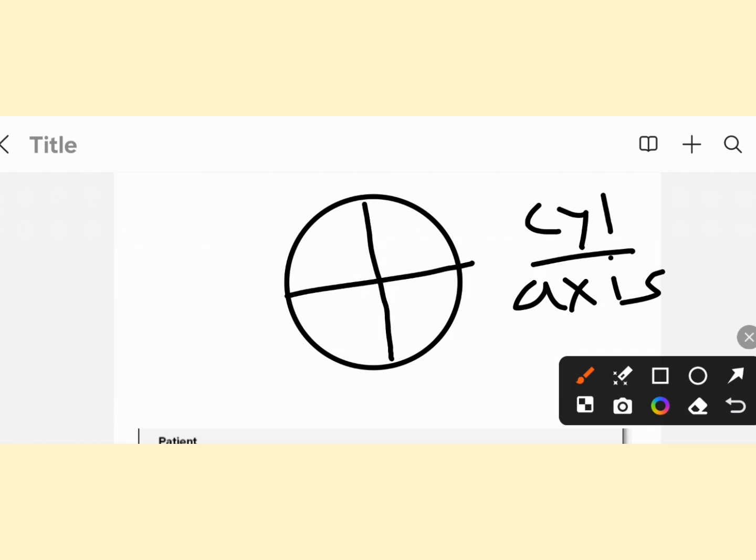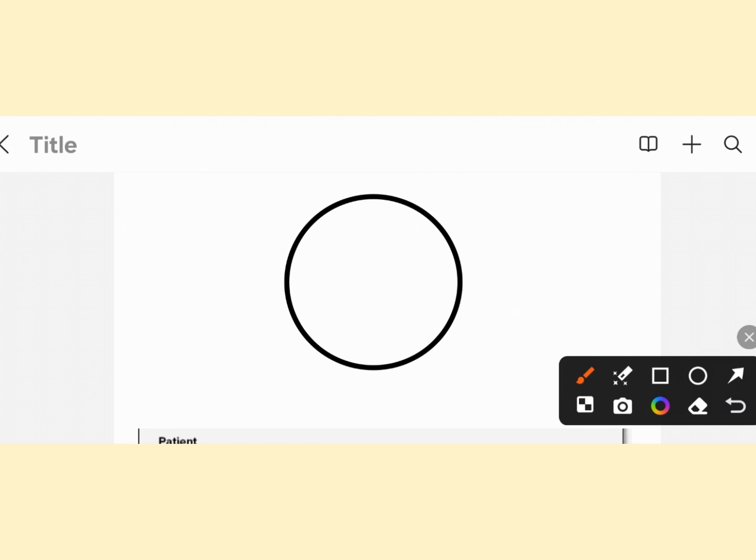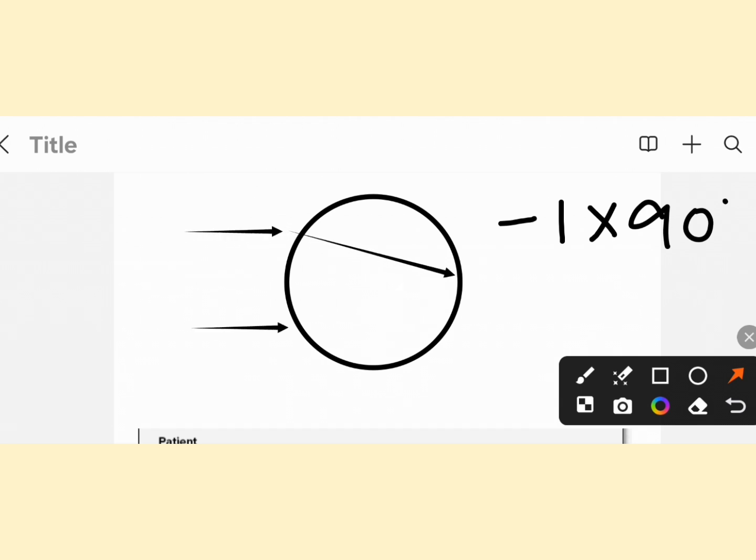Suppose your eye specialist wrote you a power like -1 cylinder at 90 degree. This means that if this is the eye, and light rays are coming from this side, one light ray gets focused on the retina but another light ray gets focused in front of the retina.